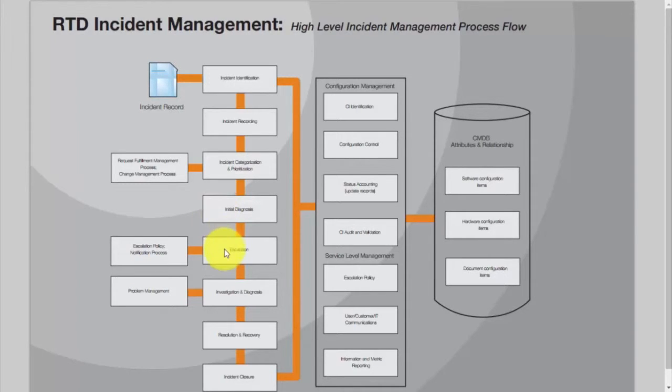If escalation is necessary, then we need to identify the appropriate individuals that ought to be notified of the incident that has occurred. And the user should be kept informed as to how the resolution of the incident is progressing as well.